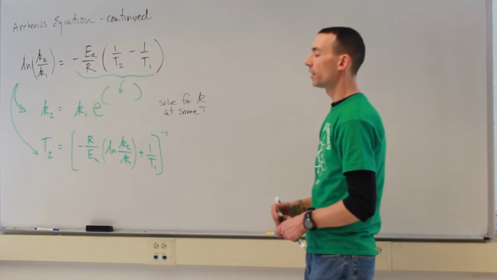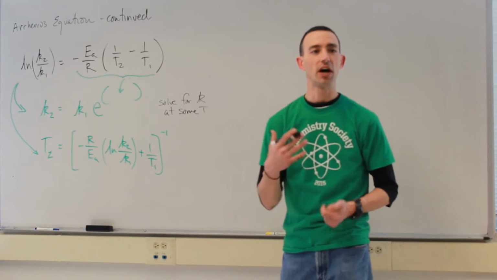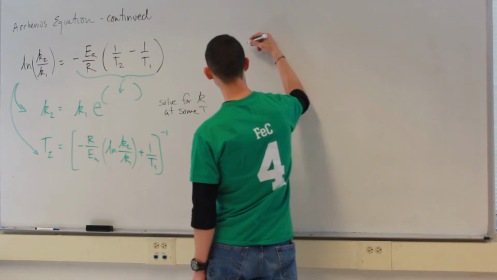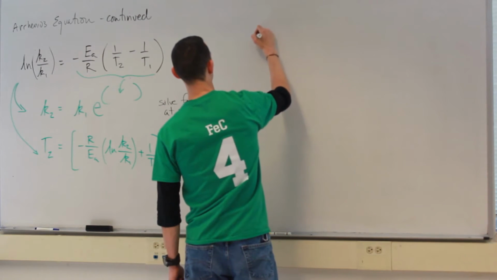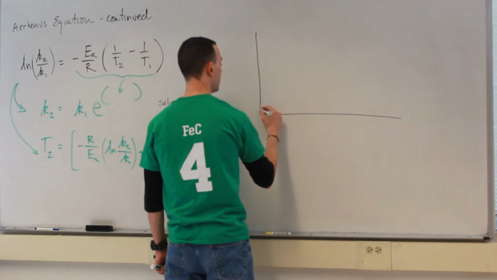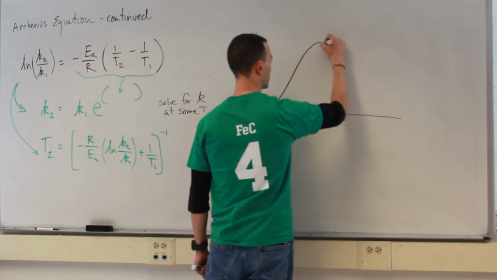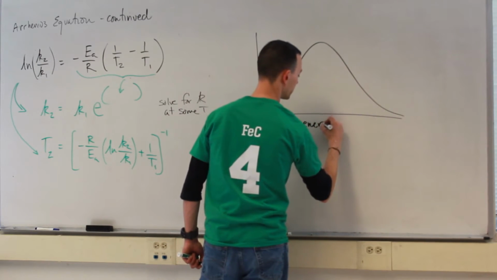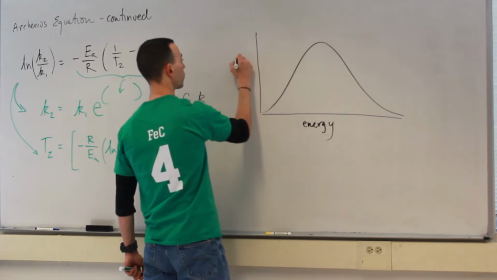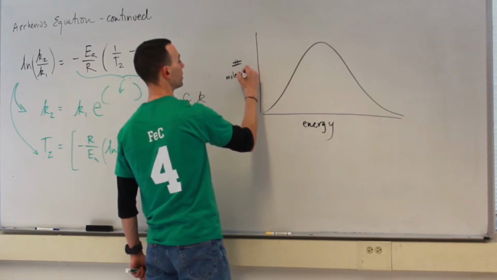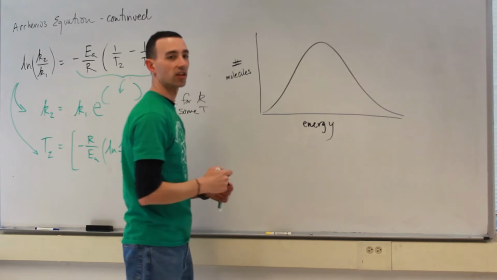Okay? Now another helpful way to understand the role of temperature in dictating the rate of a chemical reaction is to remember that in a collection of molecules, your molecules are distributed over all the possible energies. And so this y-axis would be the number of molecules having any particular energy.